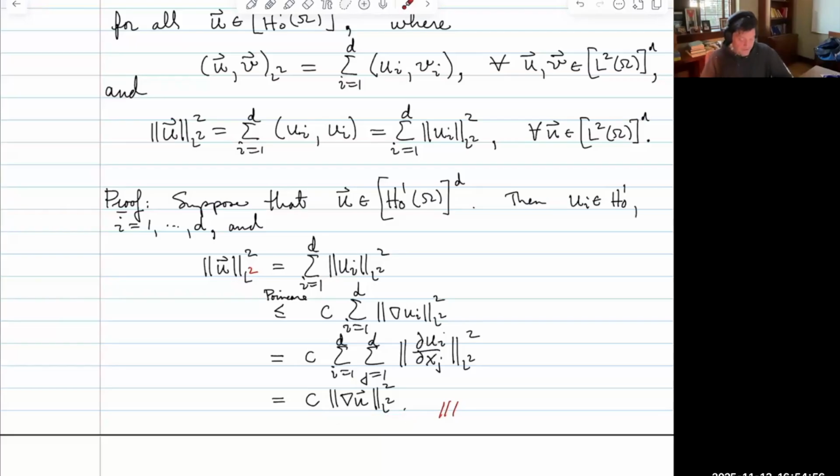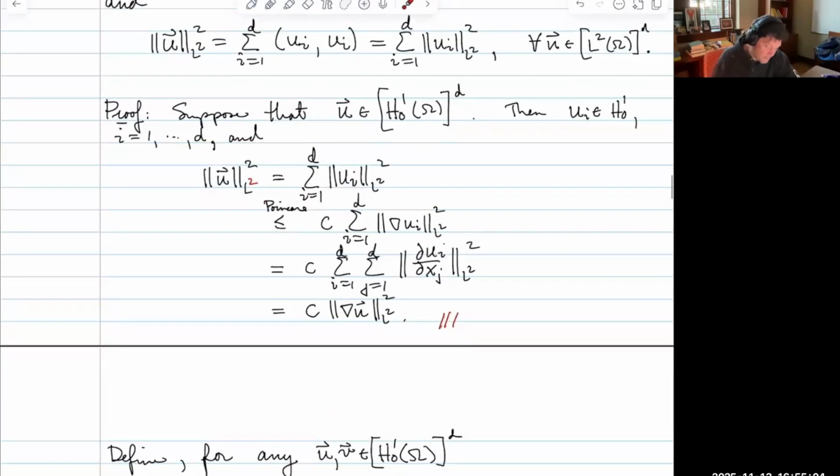Now that in and of itself doesn't show that this is a norm for this space, but if you realize what a normal norm would be, the norm would be comprised of two objects.